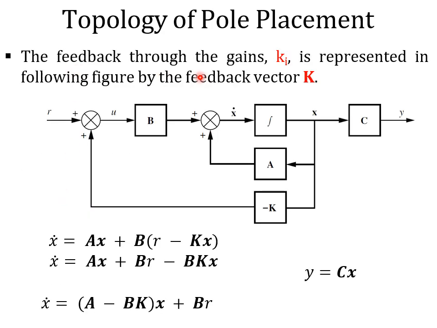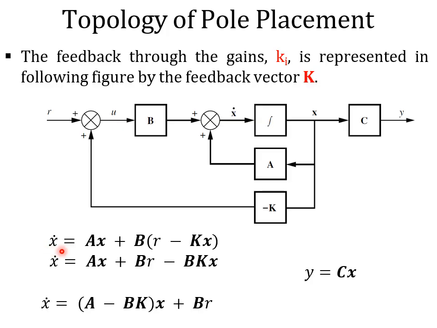For the topology of the feedback through the gains, ki is represented by the feedback vector K. The states are fed back using the feedback vector K multiplied by negative. Then it is fed back to the input, compared with the reference, and then the input u is obtained. Now we get u as r minus Kx.